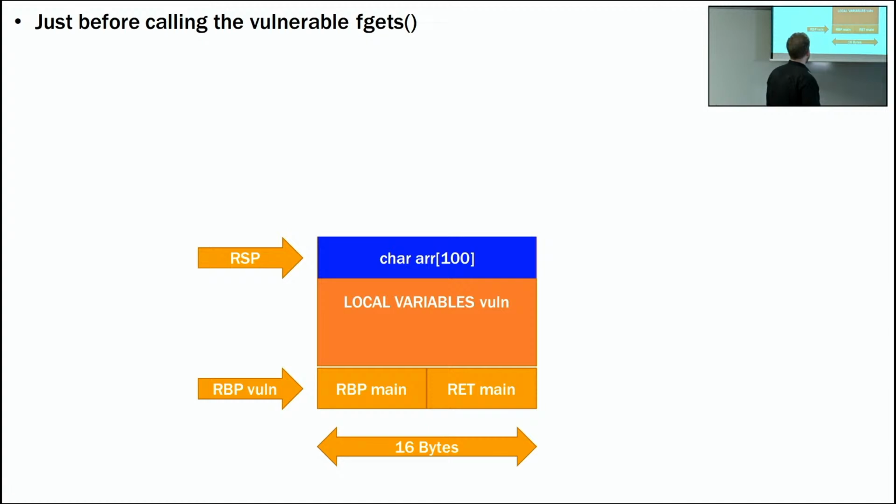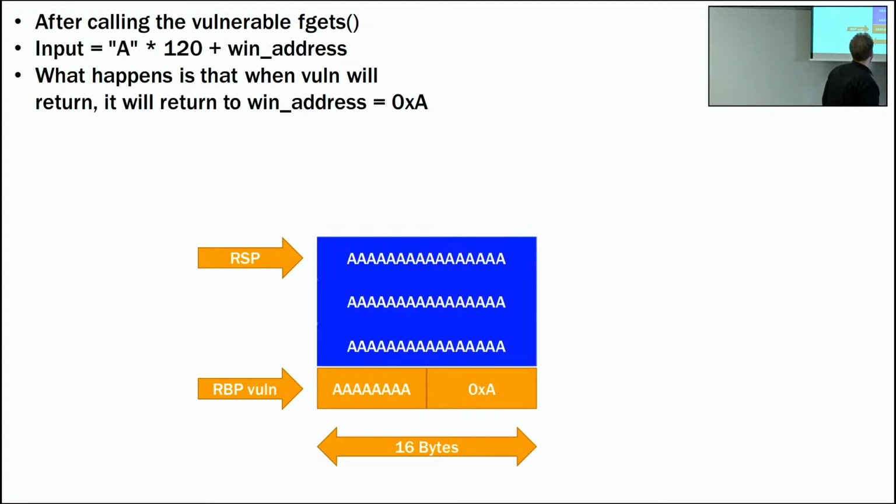Okay, so how will this happen exactly? Just imagine that this array is actually proportional to 100 bytes. It won't be, but I did my best.